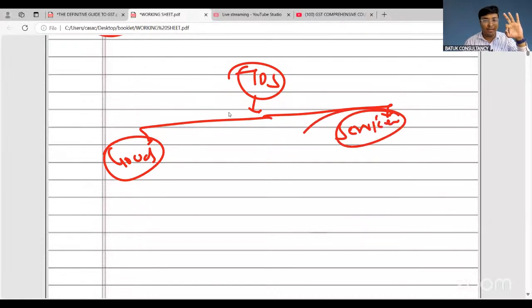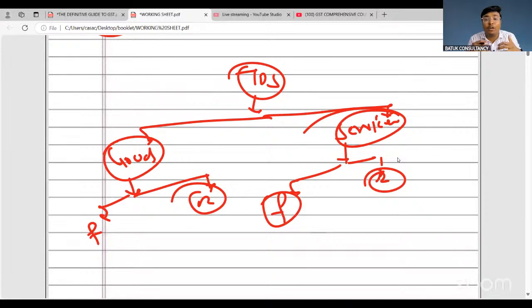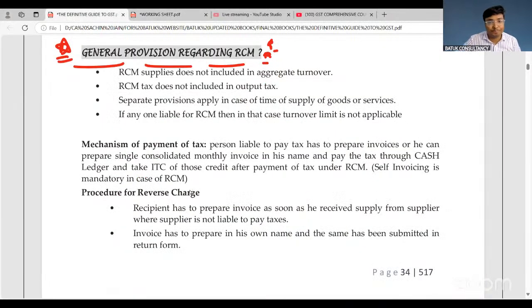Related to goods, we will also cover the time of supply in case of forward charge and in case of reverse charge. Related to services, we will also cover forward charge and reverse charge, because time of supply completely depends on multiple situations and scenarios, and that is why the chart is very important, and the same line is mentioned here.